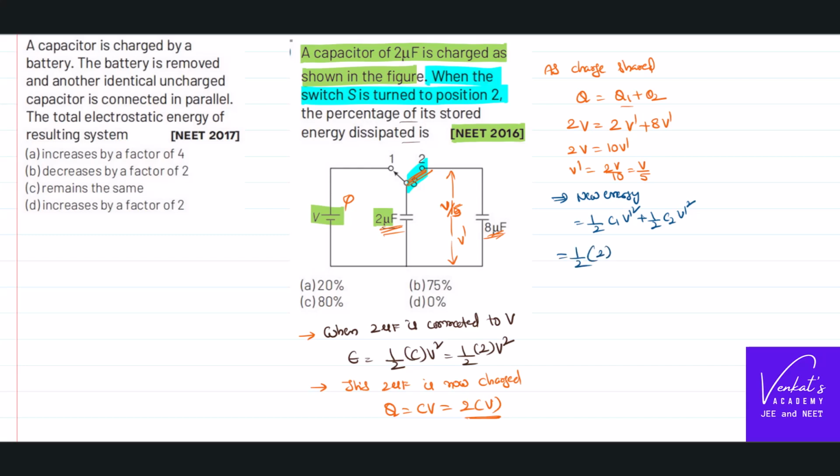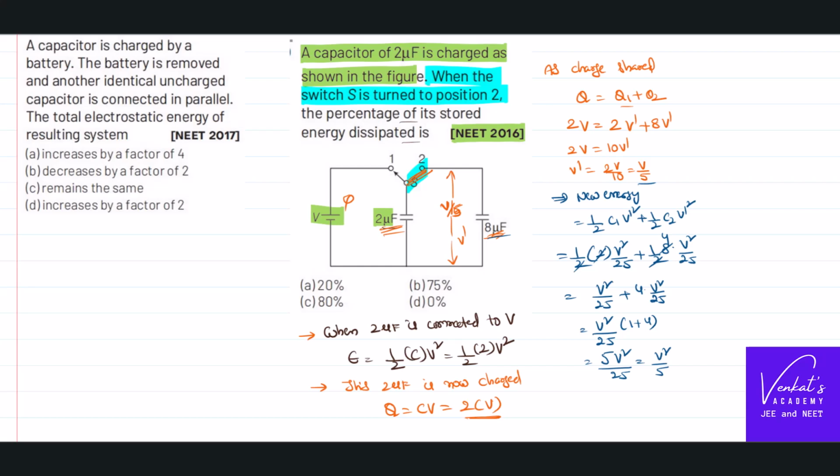Half times C1 is 2, V dash square is V square by 25. C2 is 8, V dash square is again V square by 25. The half and half cancel, this is 4 times. So this is V square by 25 plus 4 times V square by 25. Taking V square by 25 common, 1 plus 4, that is 5V square by 25, that is V square by 5.